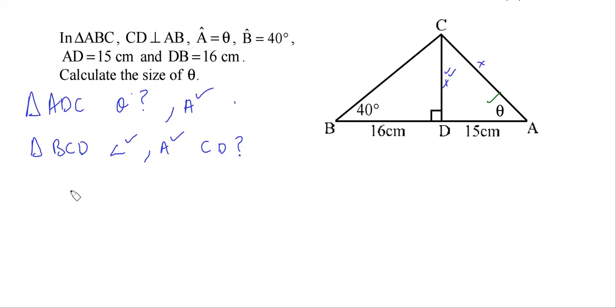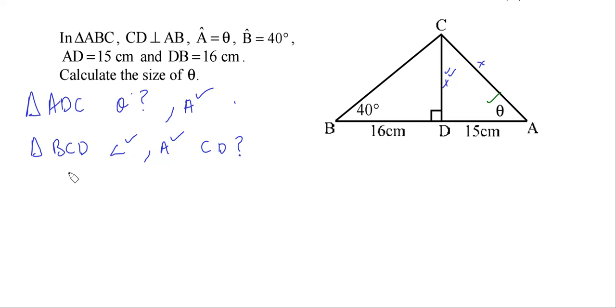To find CD, we know that CD is the opposite side to the angle here. So what uses opposite and adjacent and theta? Opposite and adjacent, we know that it's tan.